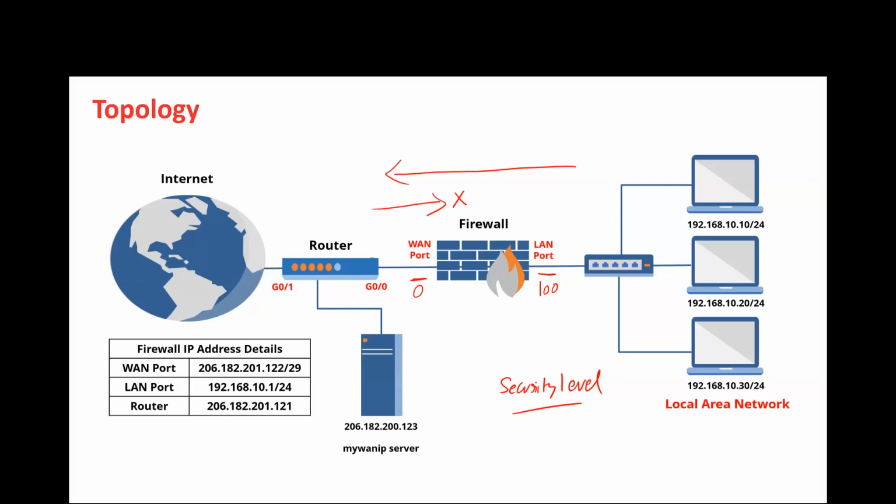You don't need to write an ACL. And traffic from lower security level to higher security level is by default blocked. Traffic from higher security level to lower security level is permitted by default.